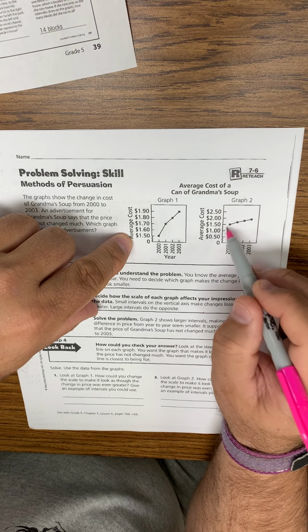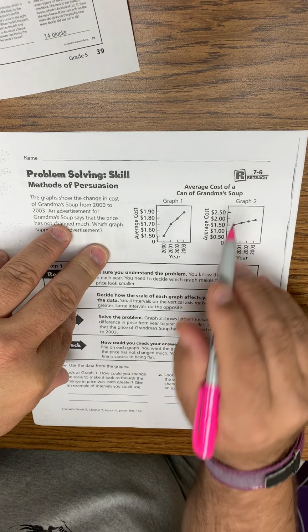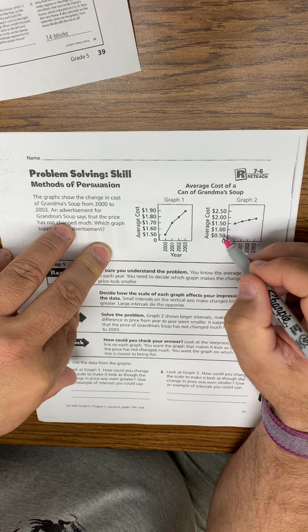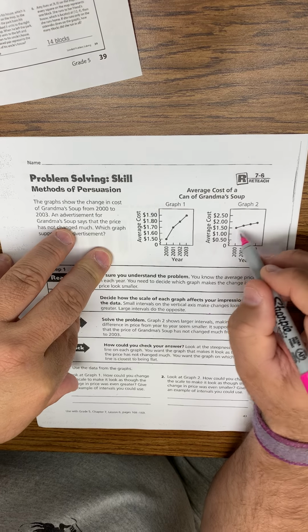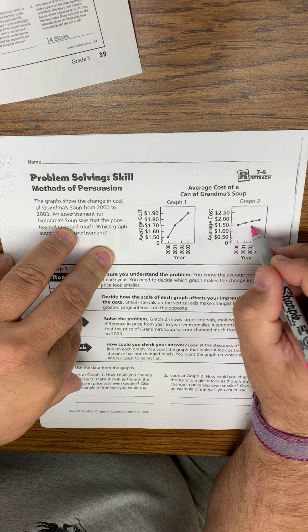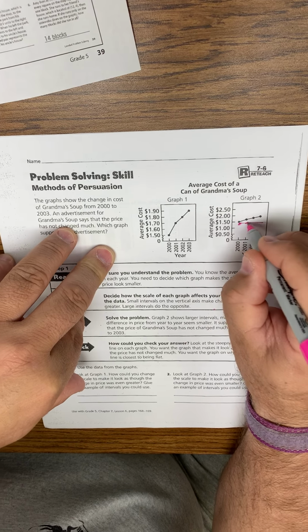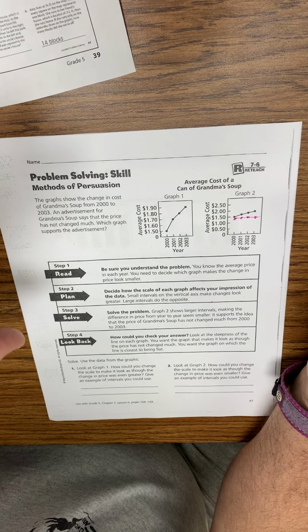So if we wanted to make this graph look like the average cost of Grandma's soup had not changed at all, so it's just a flat line, instead of a 50-cent interval, we could do a $1 interval, and then it would really look like this nice flat line, and that would support the argument that the cost really hasn't gone up.